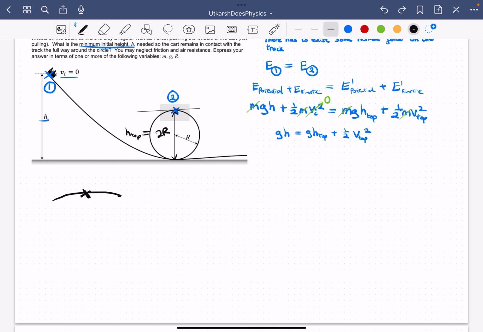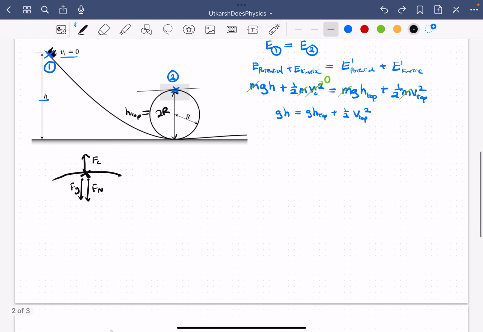Now, what we see is that there are 2 forces acting downwards, normal force and the gravitational force. And there's one force acting against, which is the fictitious centripetal force. So we can use this system right here to constrain what our speed is going to be.